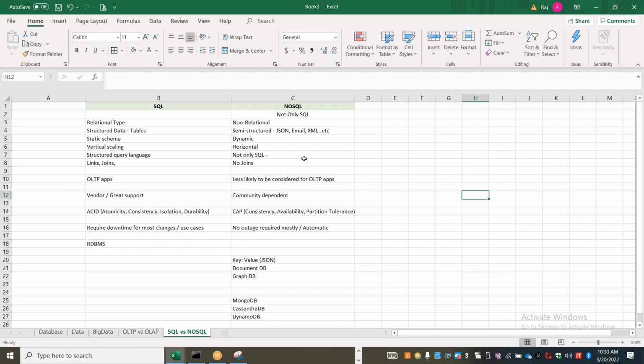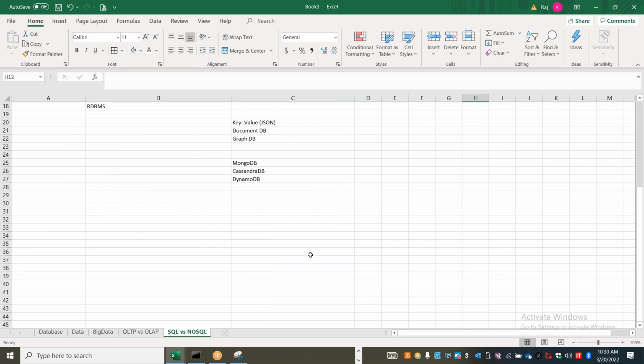But in not only SQL, those things are not as important, but ideally, eventually it has to be consistent in a particular time. So chatting, forums, blogs, all the community sites are good examples of not only SQL.